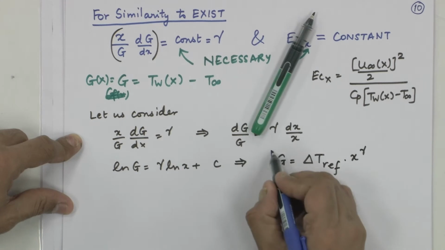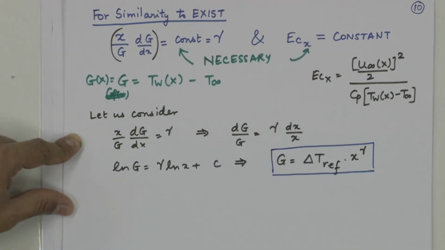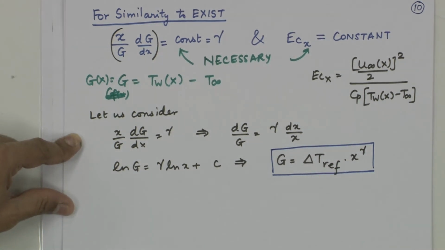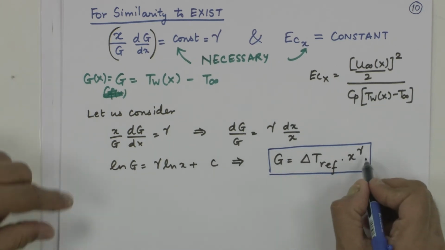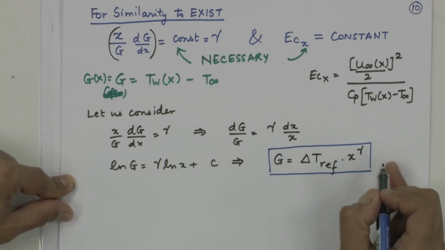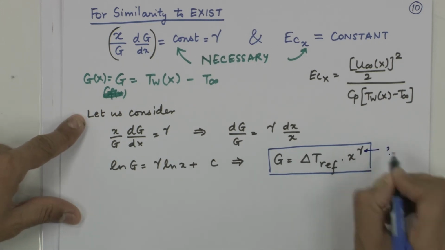The constant can be absorbed in terms of some reference delta T. What does this give you? It helps me understand that for this quantity to lose its dependency on x, what should be the value of gamma? We don't know what this gamma is. We want to find this out.